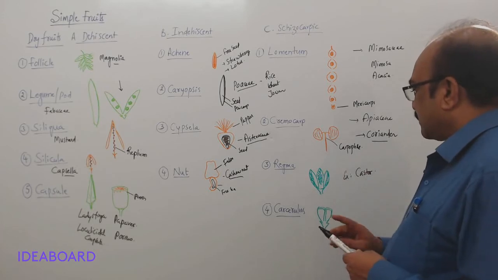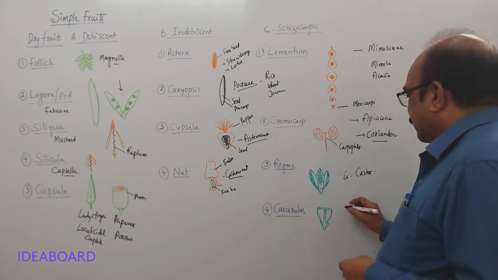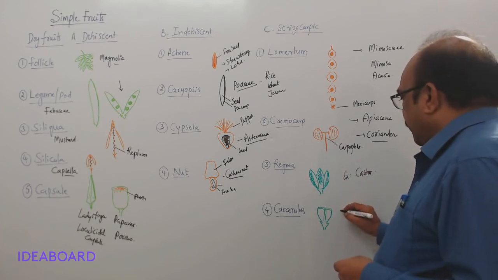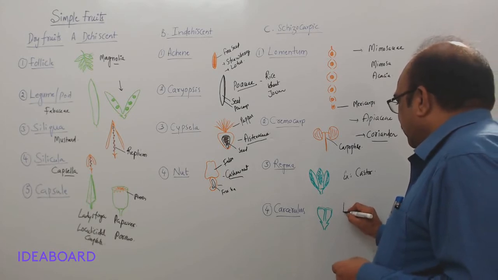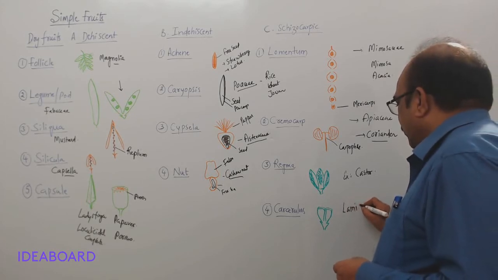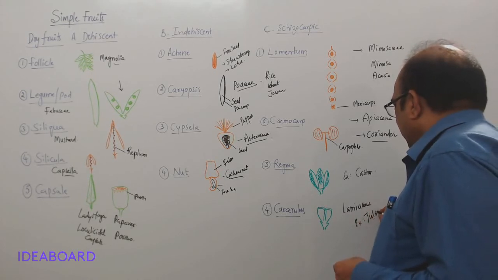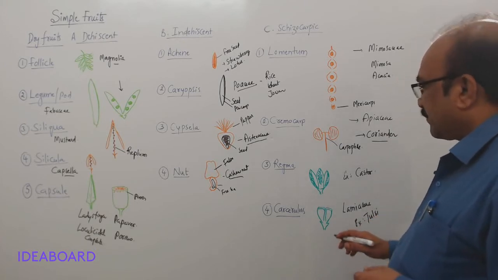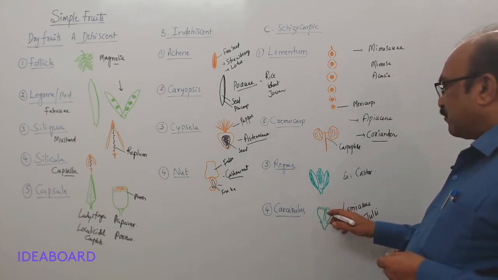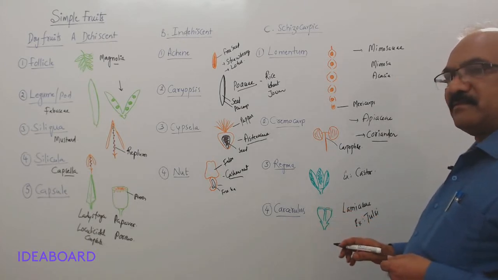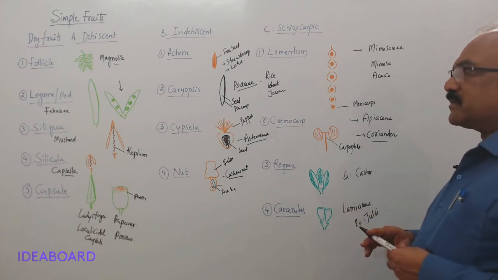And carcerulus is the characteristic fruit of the family Lamiaceae, and the example is Tulsi, the sacred plant. So it breaks up into four mericarps, and each mericarp is single seeded.